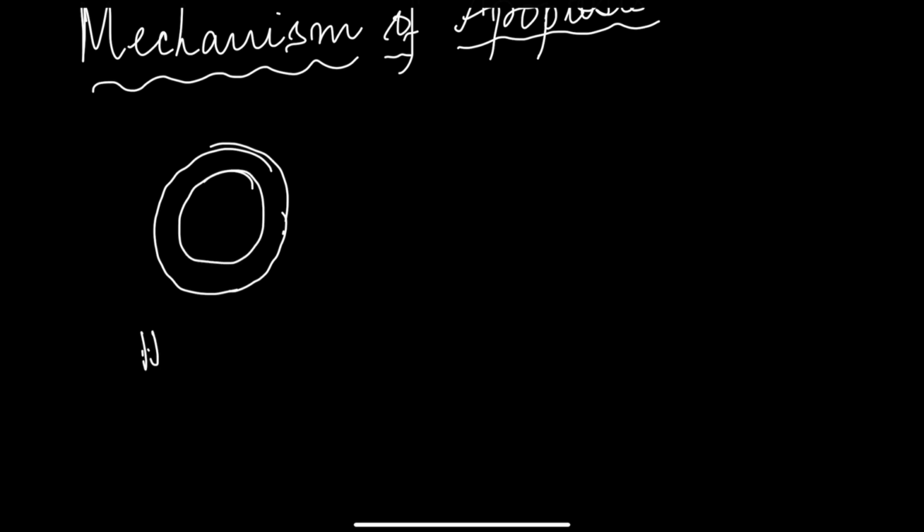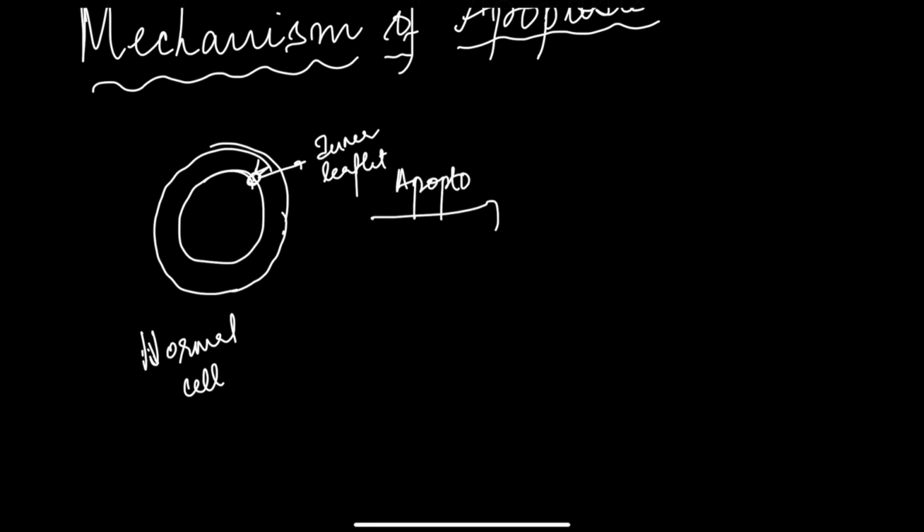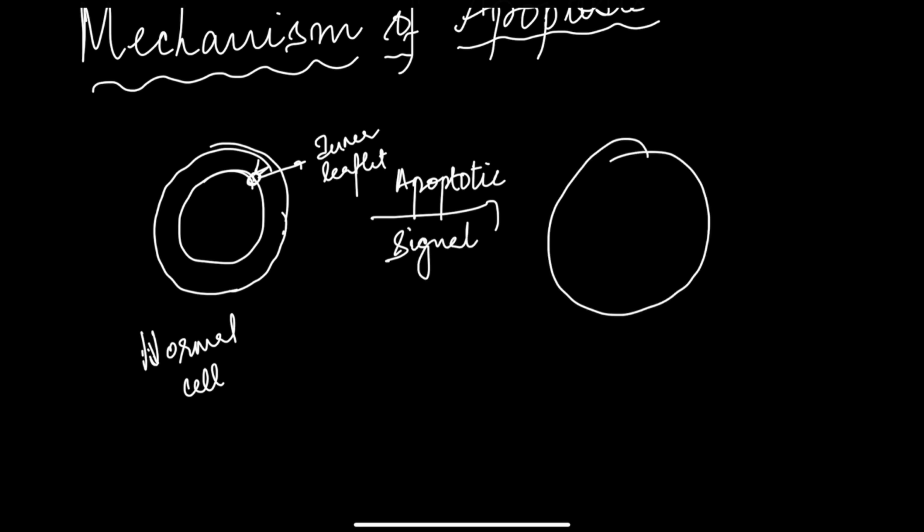So in a normal cell we will see that phosphatidylserine is present on the inner leaflet, and when an apoptotic signal is received, this shows a flop movement which occurs due to the floppase enzyme.